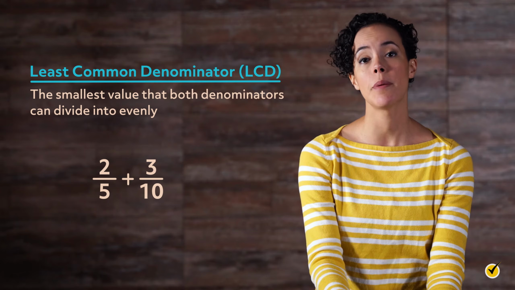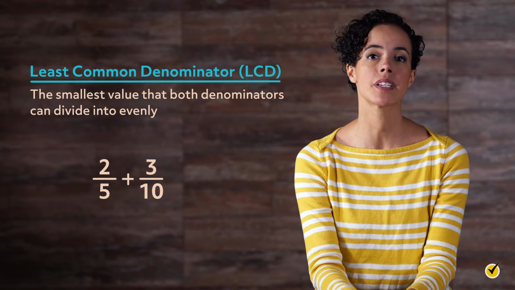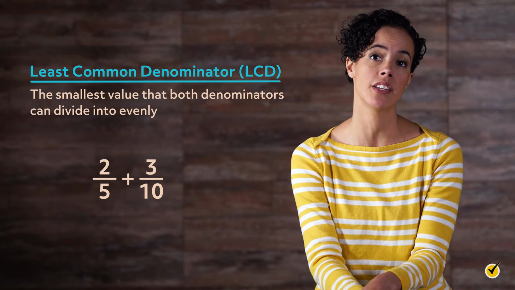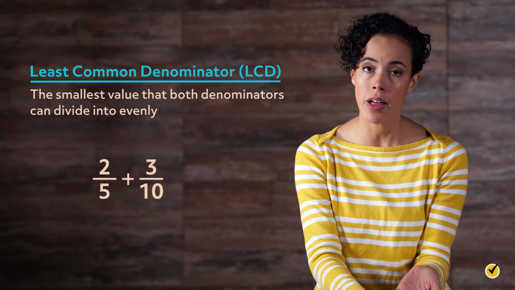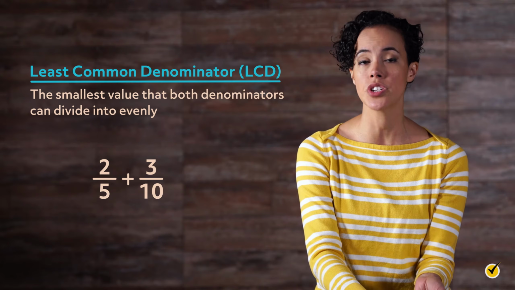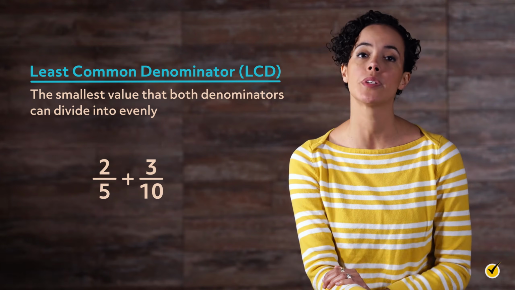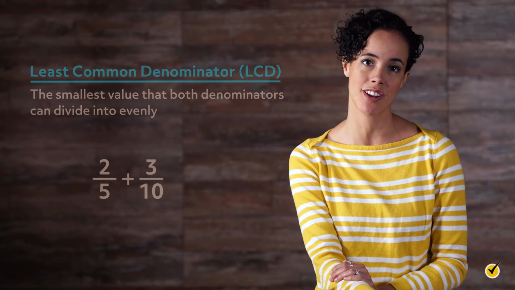When considering the denominators 5 and 10, it becomes clear that 10 is the smallest number that both 5 and 10 can divide into evenly. This means that we will have to algebraically adjust the first fraction so that the denominator becomes 10. We do this by multiplying both the numerator and the denominator.